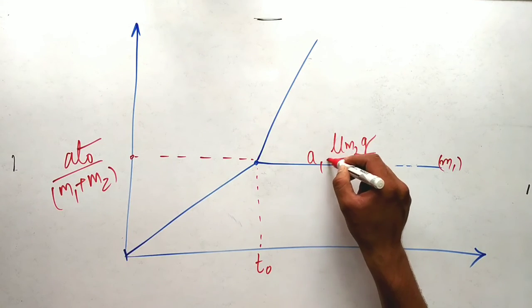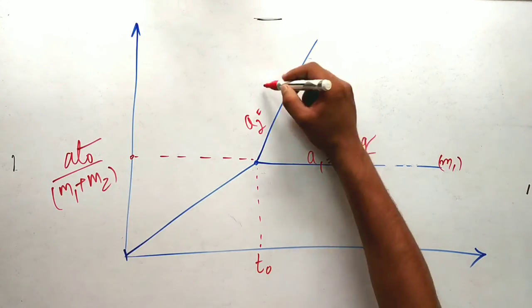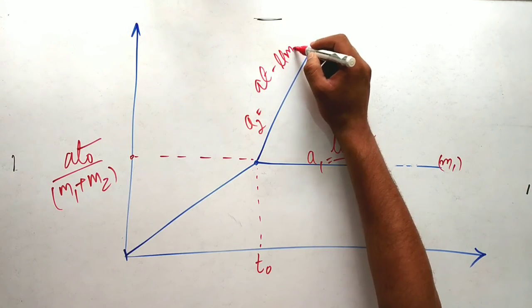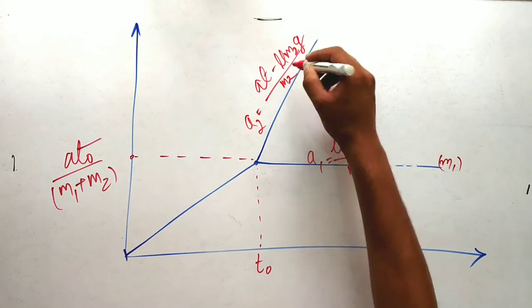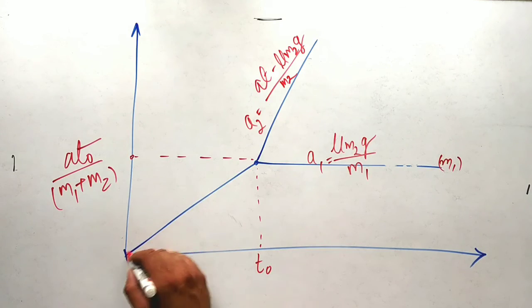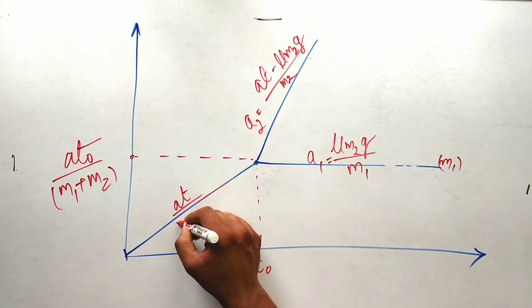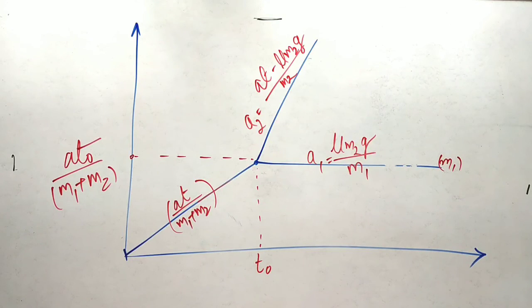This is A1. A2 is going to be equal to (AT minus mu m2 g) divided by m2. Also, this line is being governed by the formula AT divided by (m1 plus m2). And this is what the graph is going to look like.